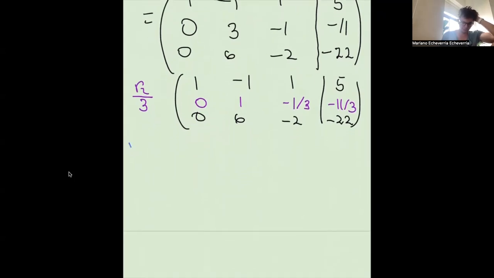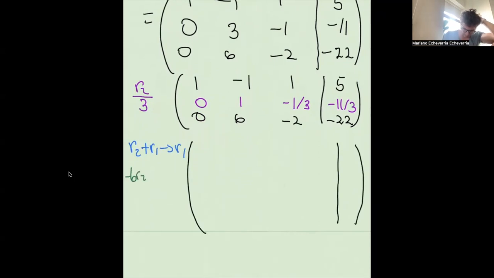I can do row 2 plus row 1 into row 1. And then how can I put a 0 in the other one? I can do -6 row 2 plus row 3 into row 3.